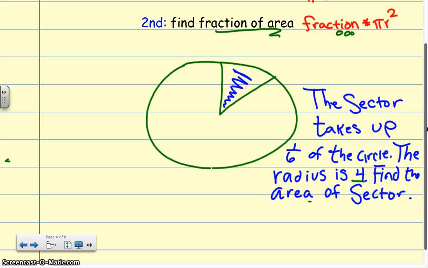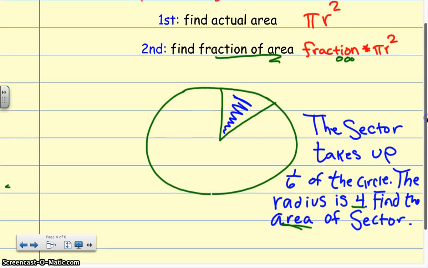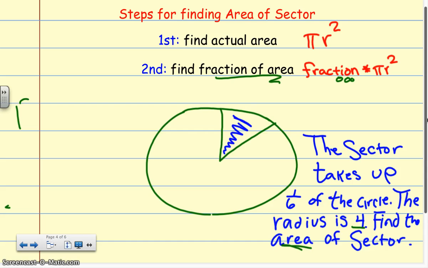Find the area of the sector. So the first thing I want to do is find the actual area. So first I'm going to go pi r squared. Looks like I need to identify my r. My r is 4. So the area of it would be 4 squared times pi, which is 16 pi.